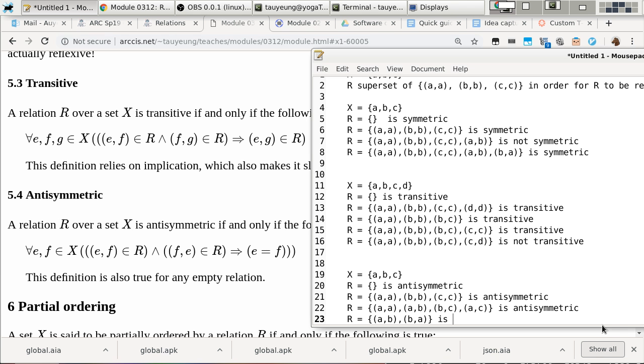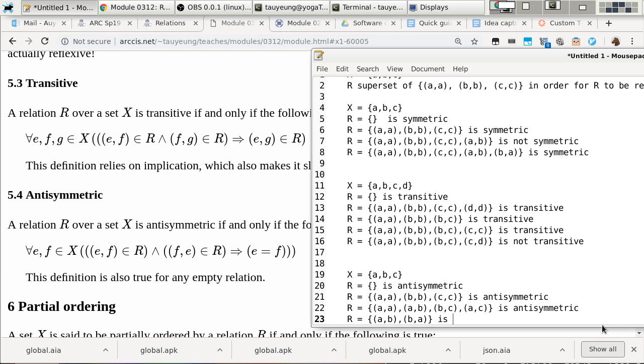AA is not here, BB is not here, CC is not here. It is not reflexive. Is it symmetric? Yes, it is symmetric because AB is here, so is BA. But all of the other things are missing, okay? So it is symmetric. Is it transitive?